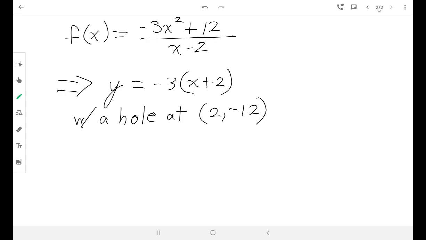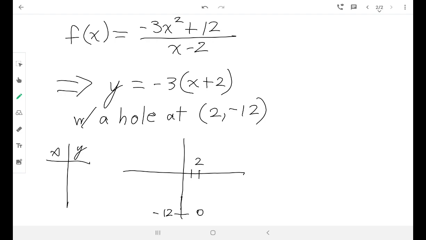So because of that, all I have to do is graph this line, and it will tell me everything there is to know about it. I'll put my hole at 2, negative 12. There's a hole right there, and then I could just build a little table.